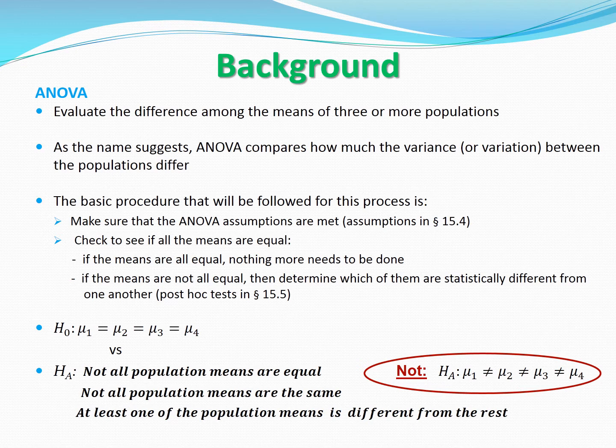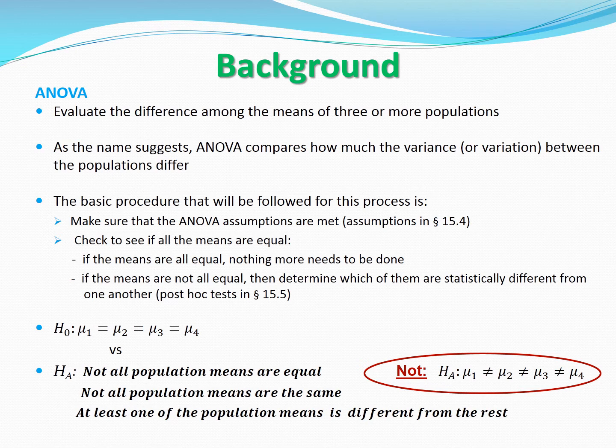In ANOVA, we also state in the null hypothesis that all the population means are equal to each other. So let's say, for instance, that you have 4 different treatments. You apply these treatments to 4 different groups of people, and you want to test whether the results for the populations are the same.